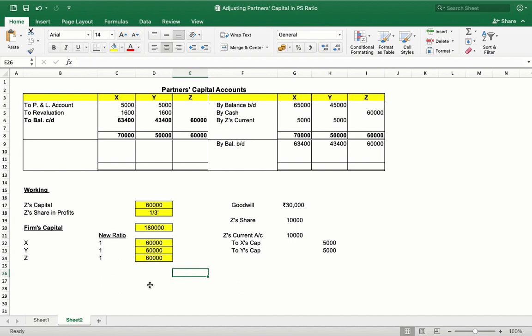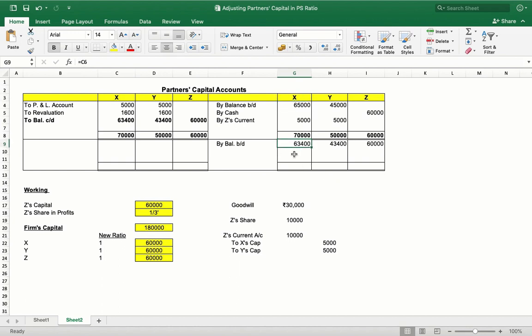Now after getting this, we will compare this new capital with the existing balances. Here, X's capital is 63,400, whereas we need to maintain X's capital at only rupees 60,000. So here X's capital is in excess by rupees 3,400. So what will Mr. X do?